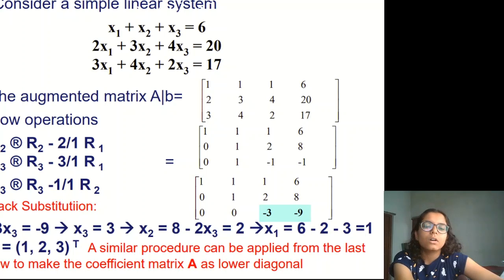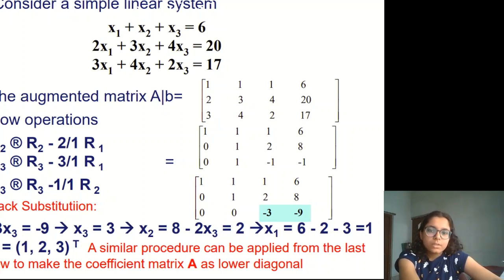After doing this, we would solve it normally with back substitution to get our desired result. We would get the values of x3, x2 and x1, so that we could finally get the result of our linear system.